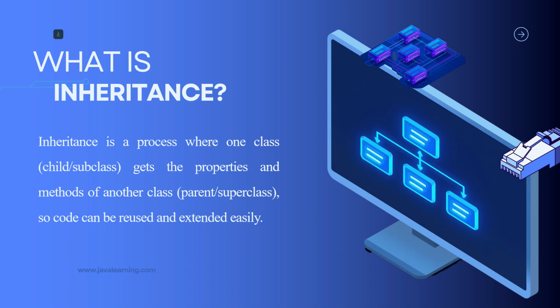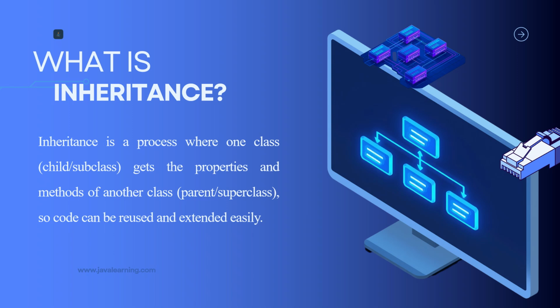So now the question is, why do we use inheritance and why was this concept introduced in object-oriented programming? The main reason is code reusability. Without inheritance, we may need to write the same code again and again in different classes.